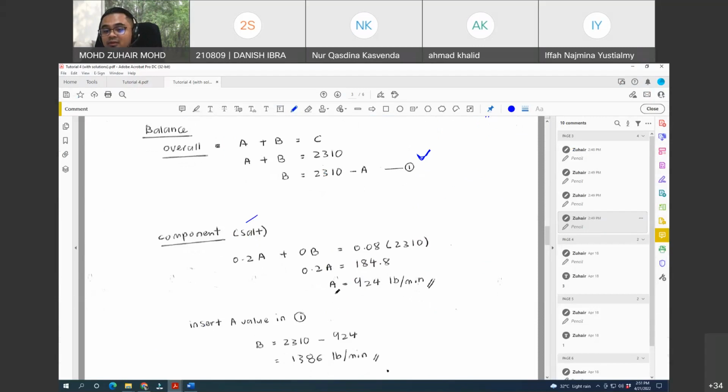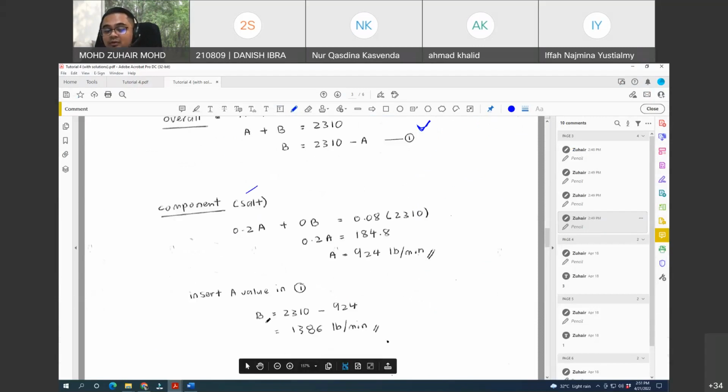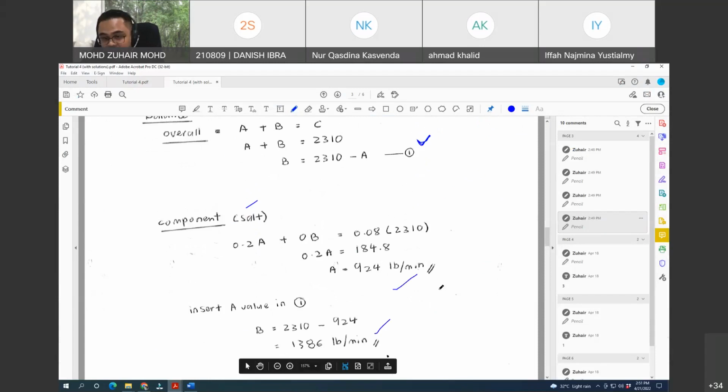After we get A, we can insert the A value back into equation 1 to get the B value of 1386 pounds per minute. So this is very easy.